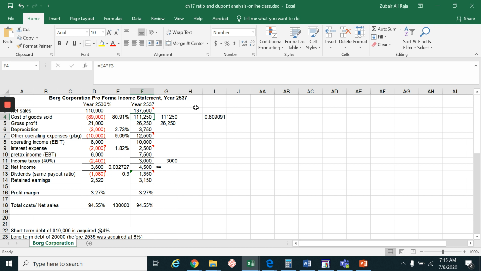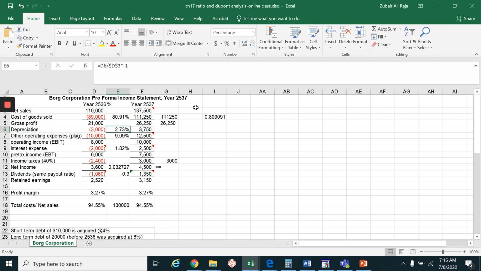Actually it is 111,251, but because these are estimations anyway, even in the book they are rounding it off to the nearest ten. So this is rather 251, and they are writing it as 250. Once we subtract this, we come to the gross profit. So this is our gross profit.